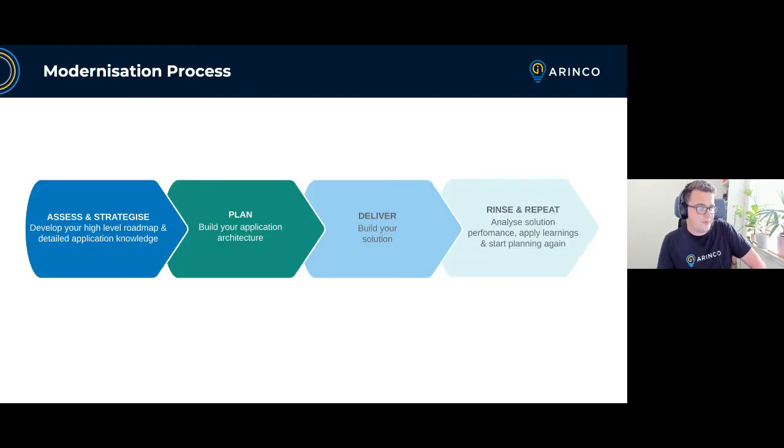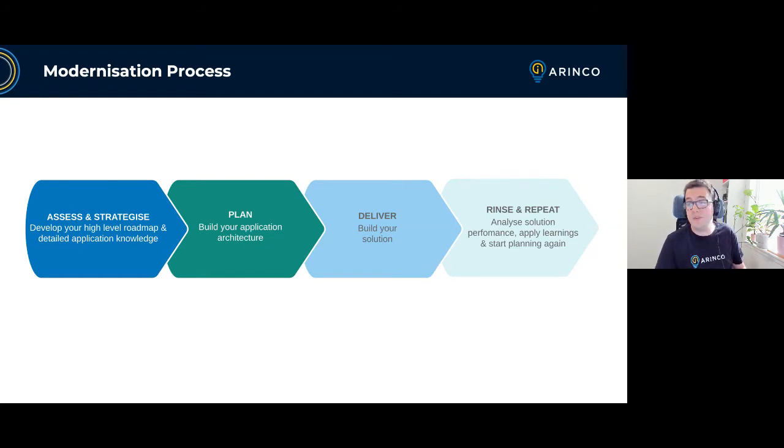They're generally going to follow a process and a procedure, and this is the procedure that I've seen applied at a lot of companies. It works really well, where you start out with an assessment and a strategy. You look at your entire ecosystem or just the one app and develop a high-level roadmap and plan for what it should look like in the future. Get an understanding of where you are so you know where you're going to be.